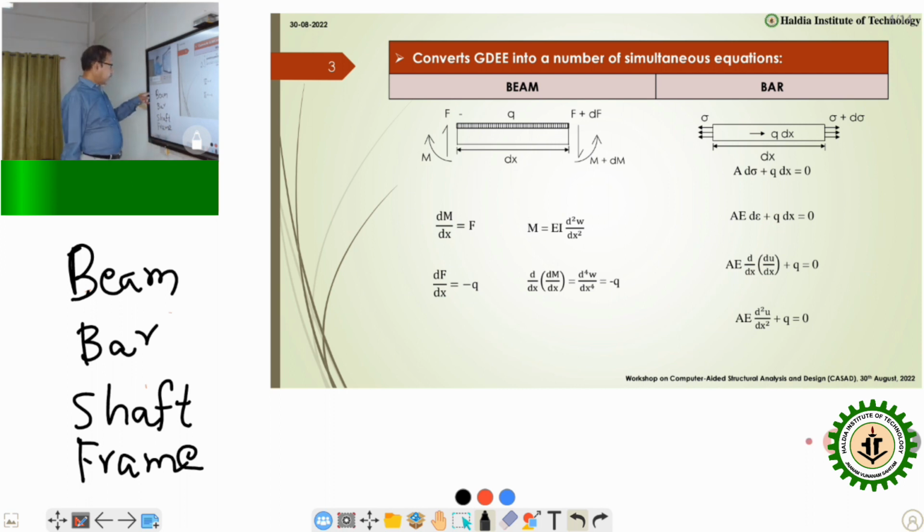So these are the discrete elements or discrete structures, meaning these can be dealt with piecewise.